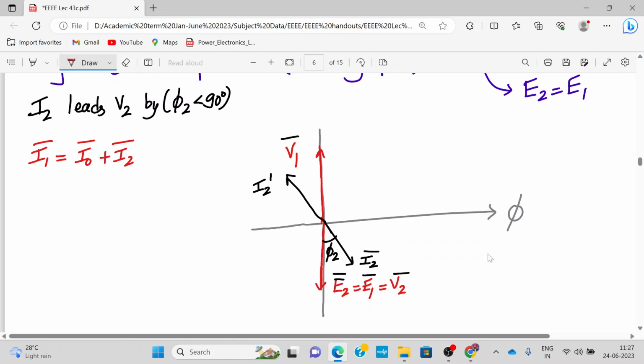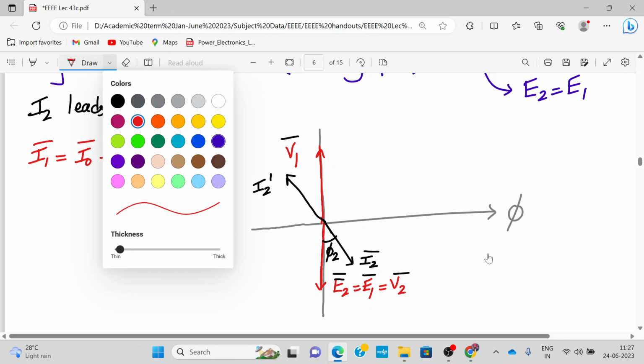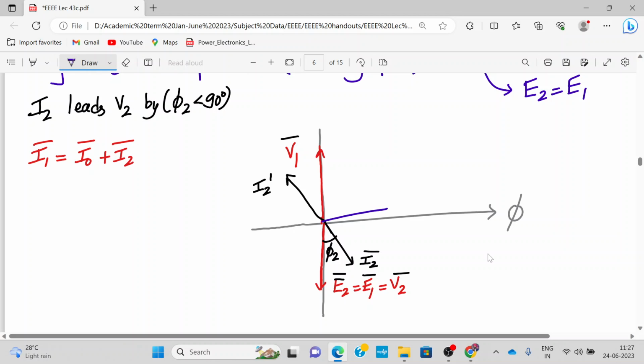Now I2 dash is drawn. Here we have to draw I0. This is, let's say, I0. So where will this I1 be? Let me draw I0 properly. Your resultant V1, let me rewrite this over here.